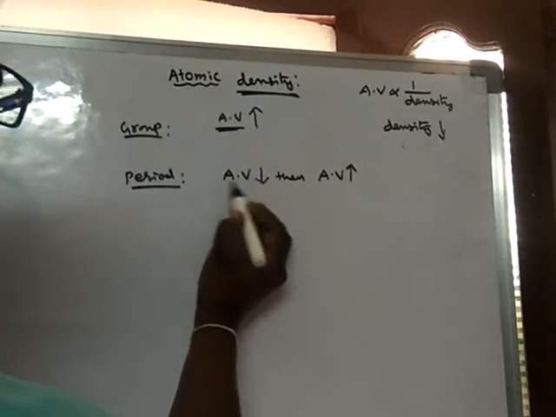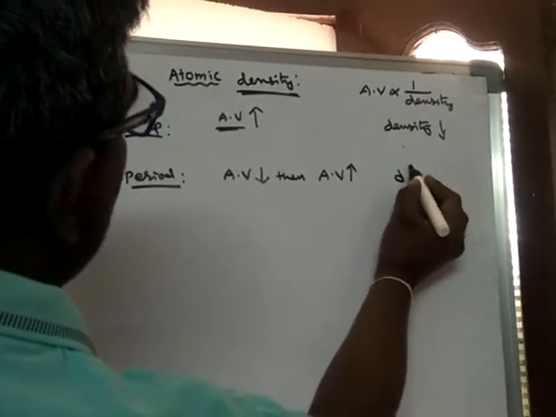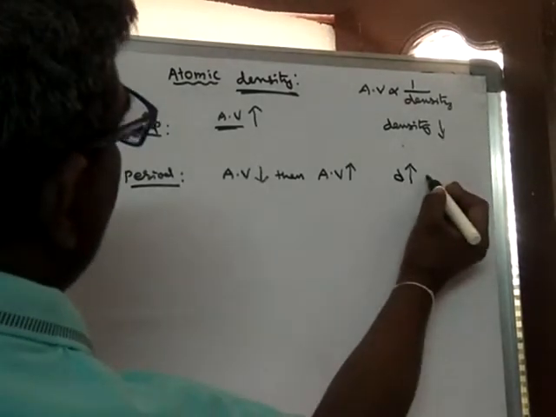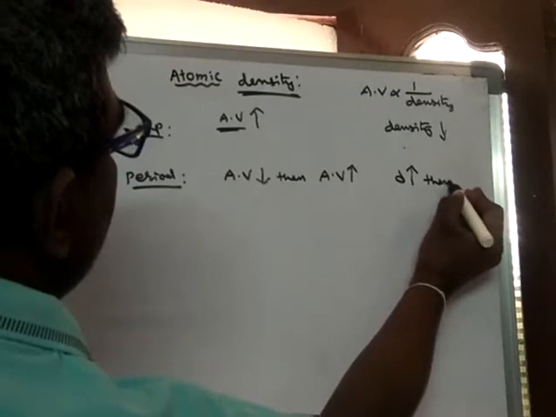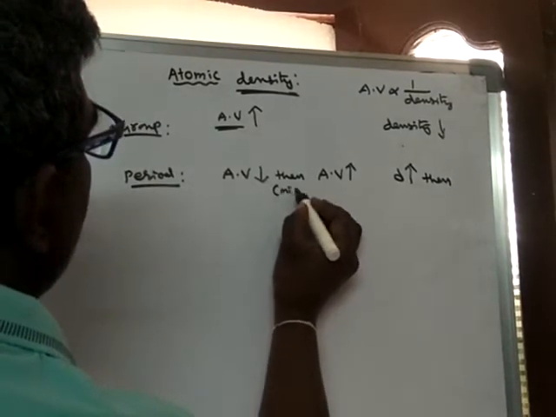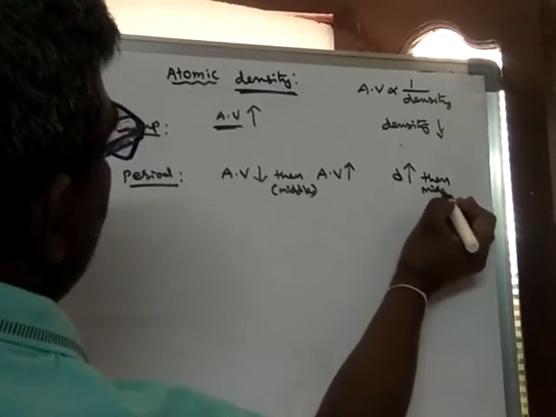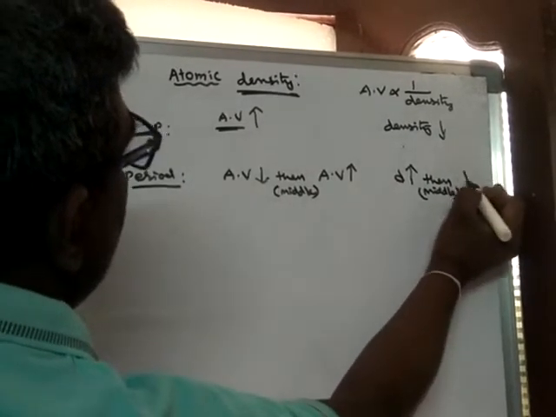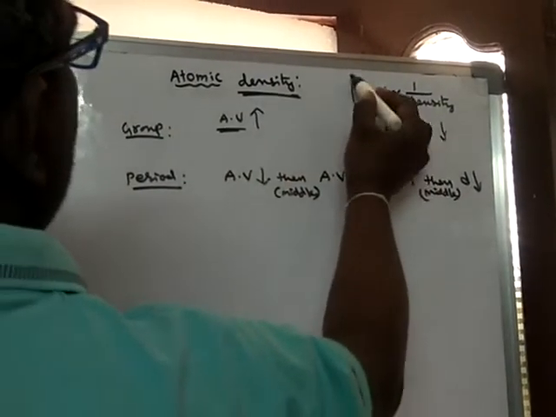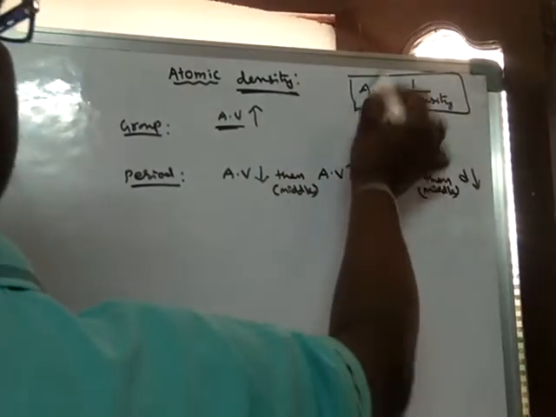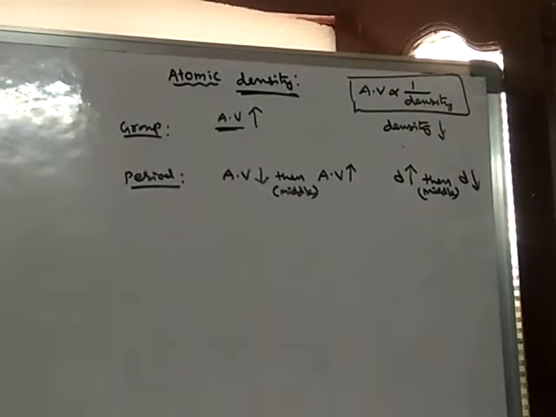As atomic volume initially decreases, density should initially increase up to the middle, and from the middle onwards, the density should decrease, because atomic volume is inversely proportional to density.